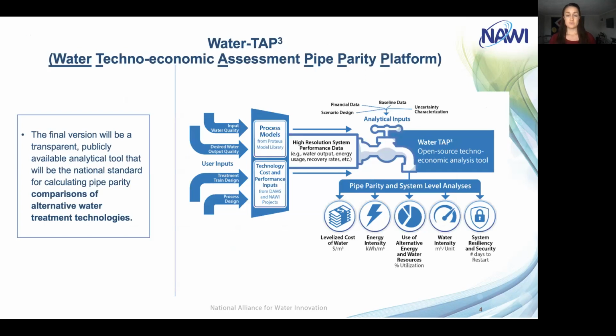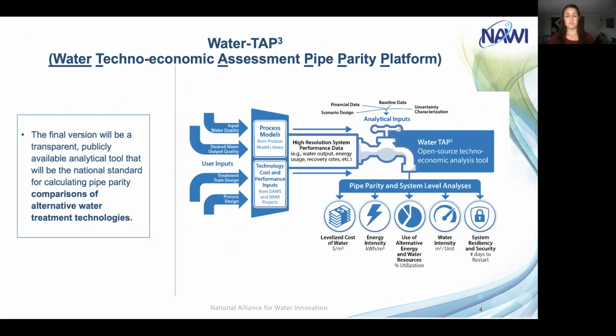So this tool is needed because existing technoeconomic analysis tools for water treatment technologies don't provide a consistent cross-sector basis for evaluating the metrics that inform which treatment technologies are selected. So as a result, these other tools are rarely used to prioritize early stage research and development in water treatment.